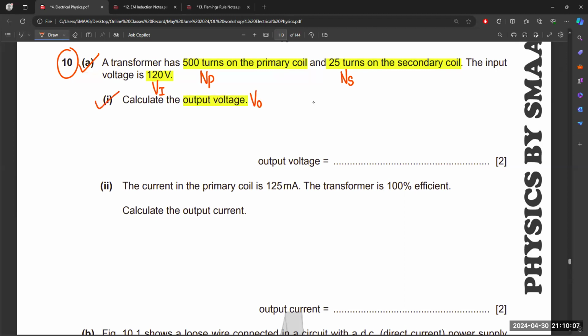So same formula. Output voltage means the voltage of secondary. This is the voltage of primary, and this is the voltage of secondary.